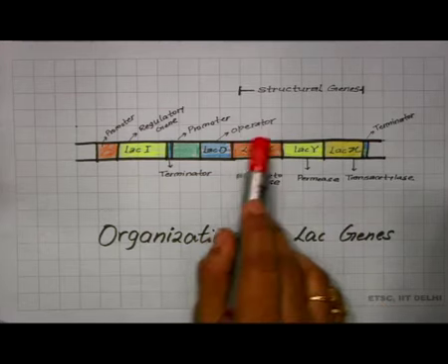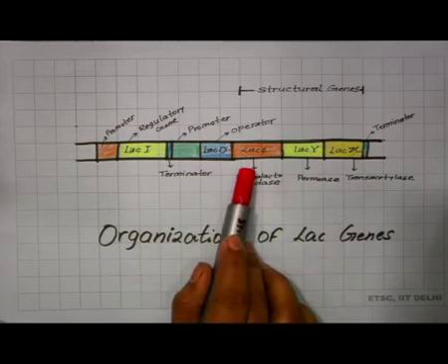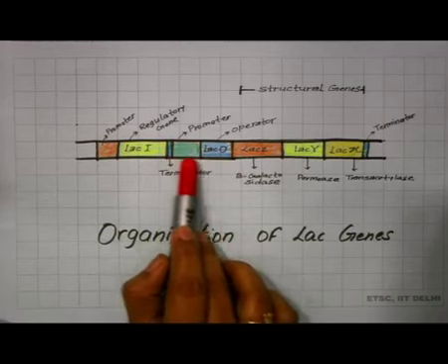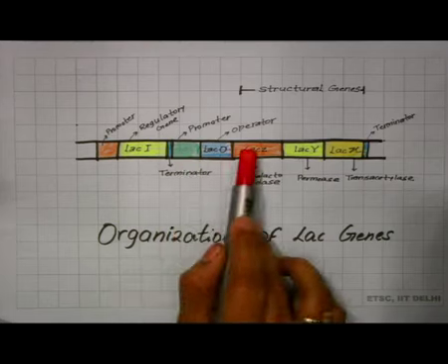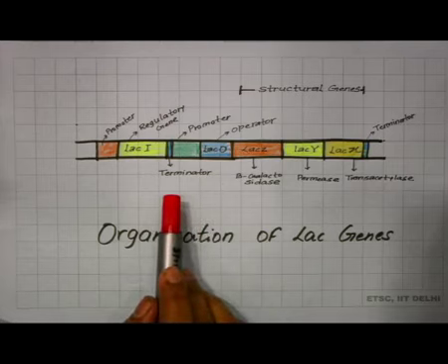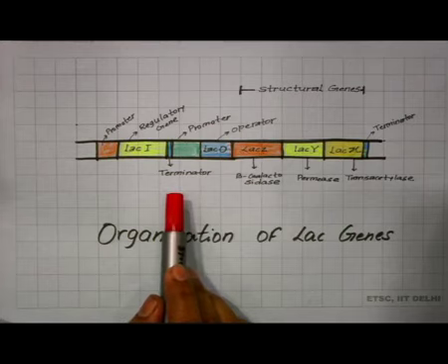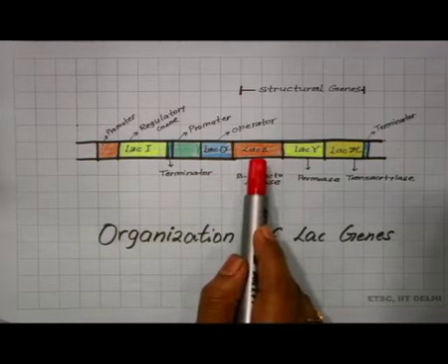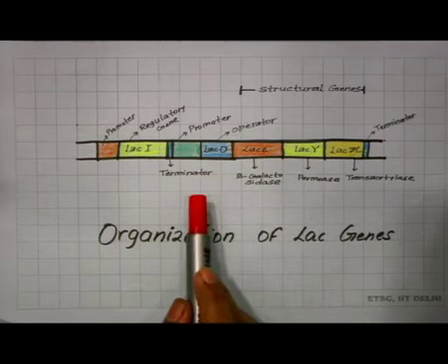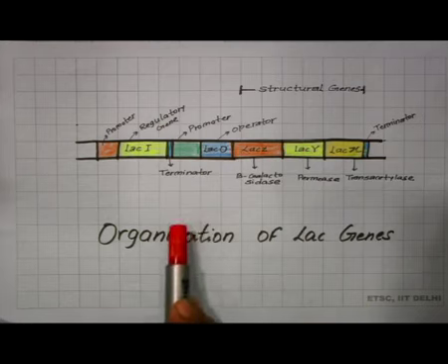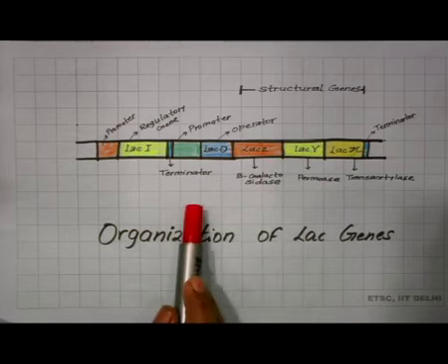Upstream of the structural genes there is the operator, and upstream of this operator there is the promoter for these structural genes. As we know, prokaryotes are polycistronic, meaning the genes for a particular metabolic reaction are arranged together, with no gaps or non-functional sequences between the genes. They are present in a continuous manner.